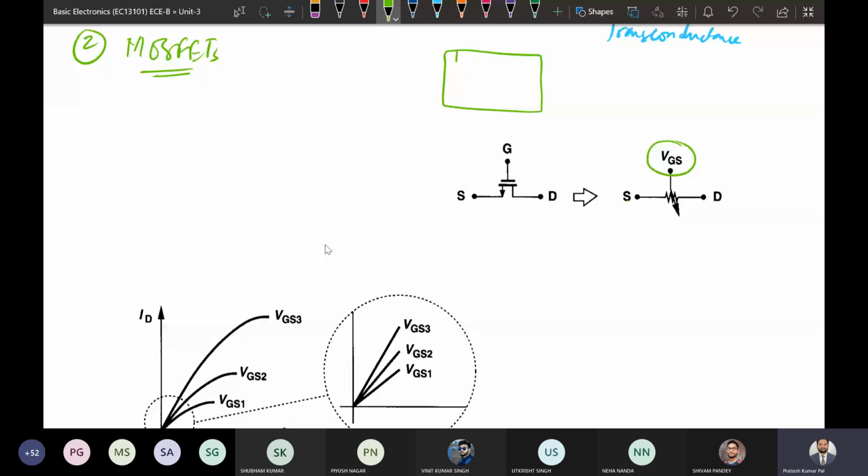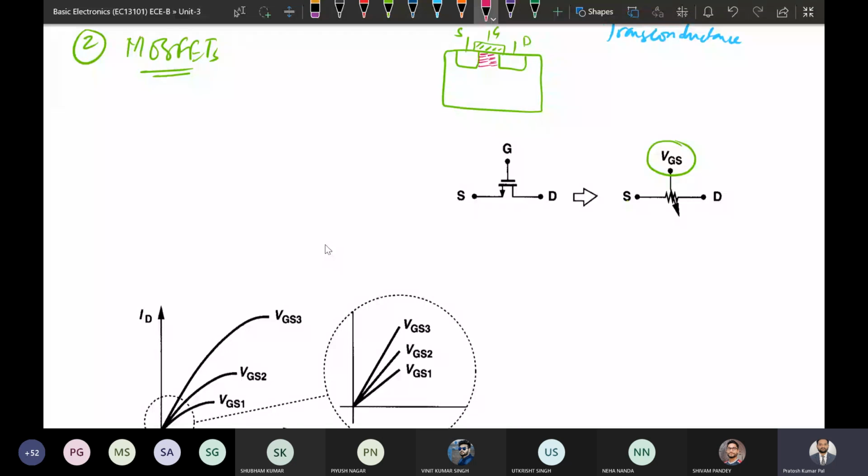So between source and drain there will be a resistance. That resistance will be because of the channel region only. Okay, so because of the channel region only, there will be a resistance path coming out between source and drain, and this resistance will be depending on the gate to source voltage. So gate to source voltage will be controlling the resistance value. That's why it is a variable resistance with the gate control shown here. So similar is the case in JFET also.